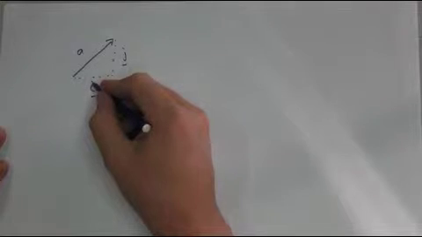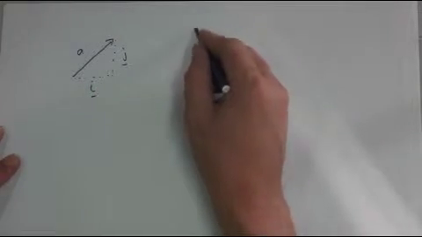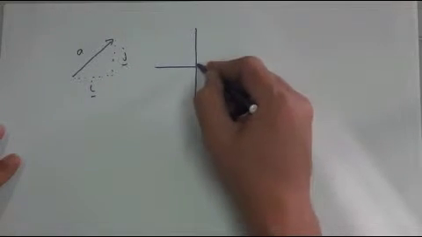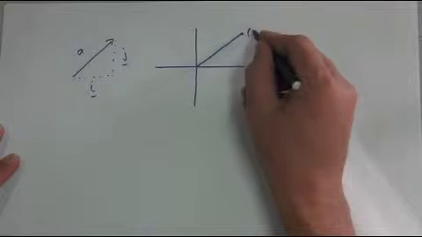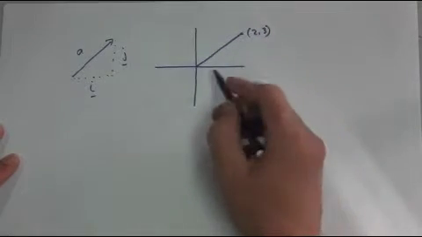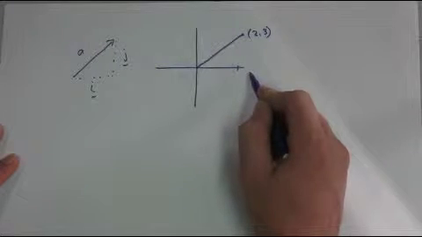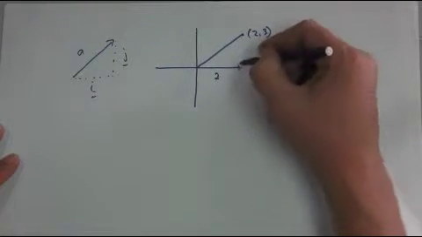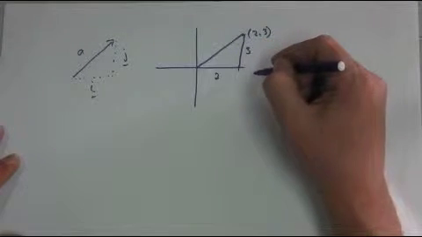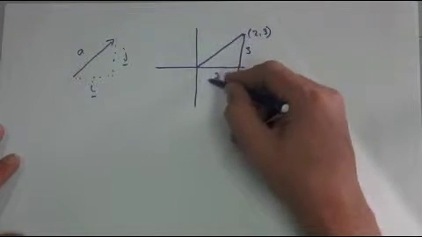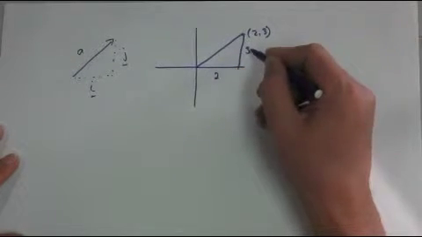And if I was to think about this again in terms of a Cartesian plane, for example, if I had a line going from the centre out to the point (2, 3), that means I've gone across 2 units on the horizontal or x-axis, and I've gone up 3 units on the y or vertical axis. So the horizontal component of this vector would be 2, and the vertical component would be 3.